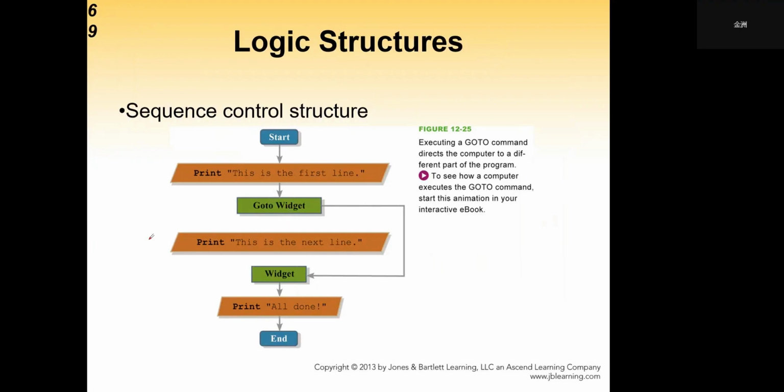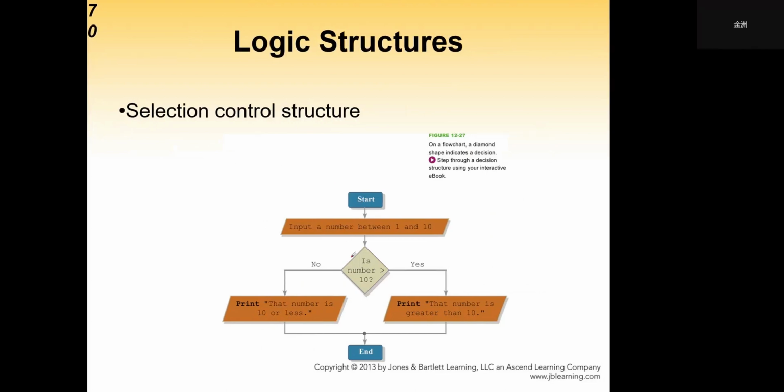Remember here, even though we have this print statement, it will not be executed. Because we execute a go to, and the go to will directly go to the next part. So this statement will not be executed. Anyway, it's just a sequence, a one-step-by-one-step procedure. It's the easiest to understand.